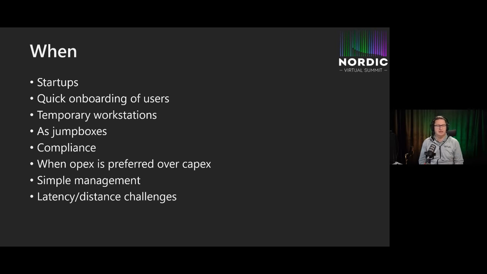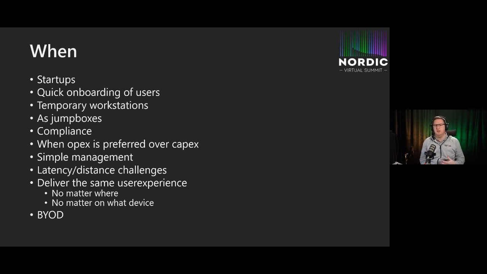So in that case, instead of having users using VPN, use cloud PCs, run apps on them, and have those cloud PCs be in the same region as your infrastructure. And of course, if these last two are your goal, then Windows 365 is a great tool to have in order to reach that goal.